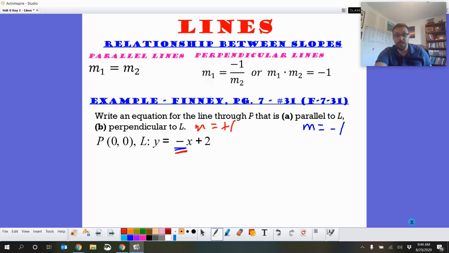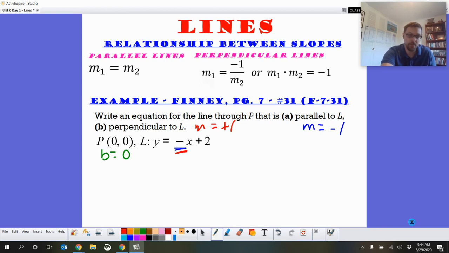Now it said write an equation and it's got to go through P, and P is at 0. So that is a y-intercept. So 0. So I can just use that to write my two equations. The B for both of these equations is going to be 0.